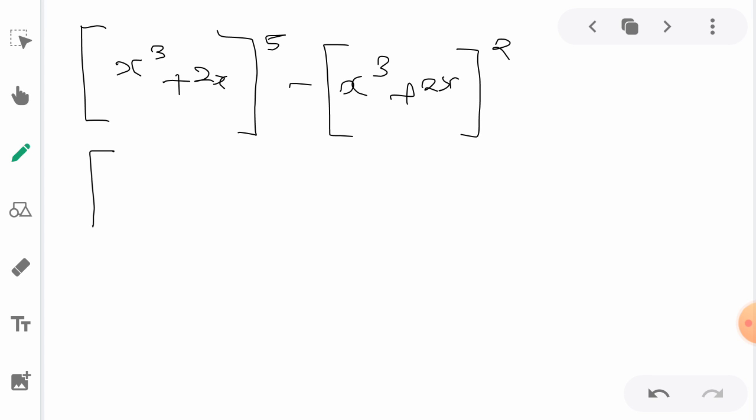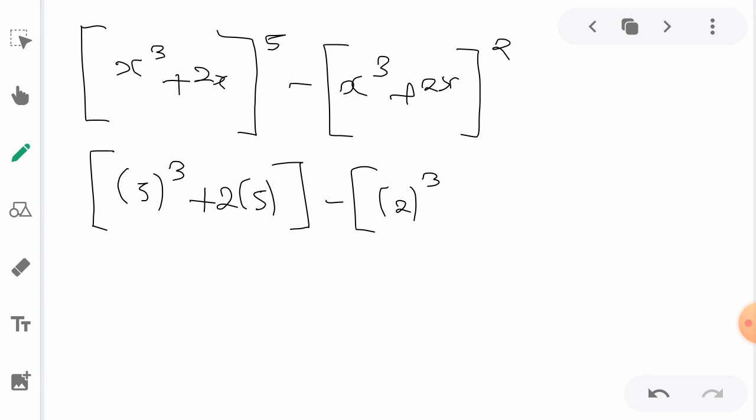Then where there's x, we put 5 this side, 5 to the power 3 plus 2 times 5, like that, minus, here you put 2 to the power 3 plus 2 times 2, and you work out 5 to the power 3, you get 125 plus 10, you're getting 135.